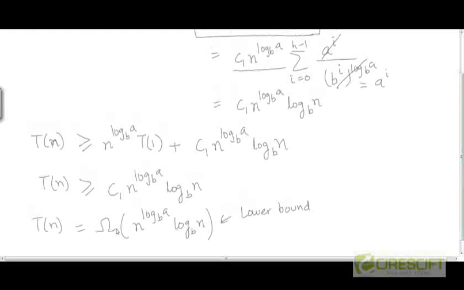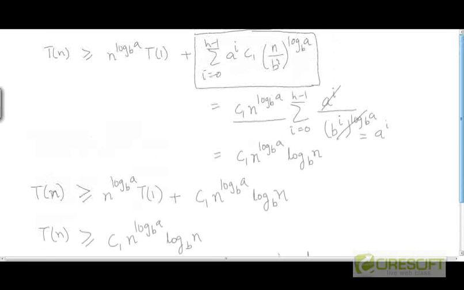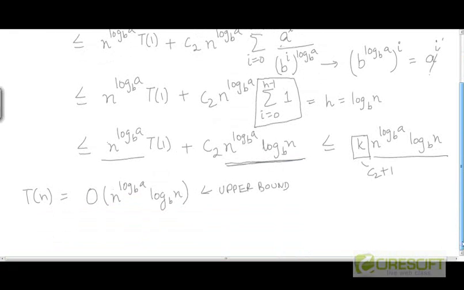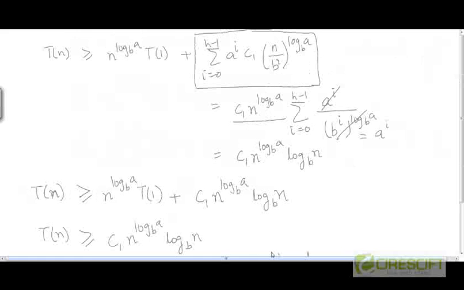T of n is bounded from below by some constant multiple of n to the power log of a to the base b multiplied by log n, and it's also bounded from above by another constant multiple of the same function. So from this we can conclude that T of n is in theta of n to the power log of a base b multiplied by log n.